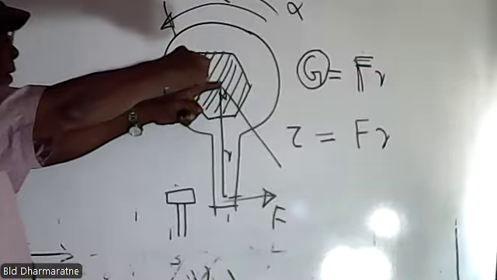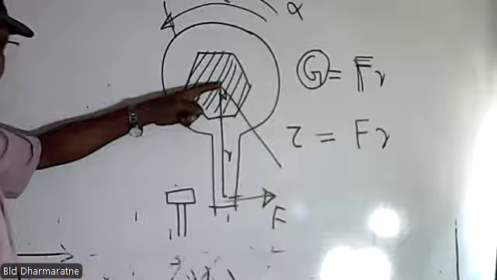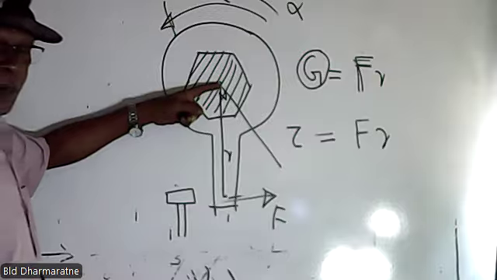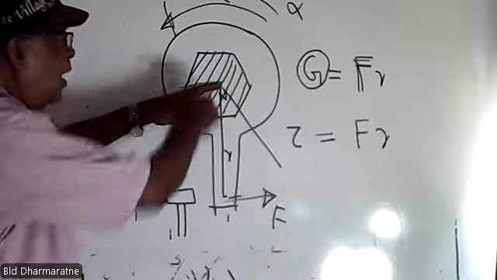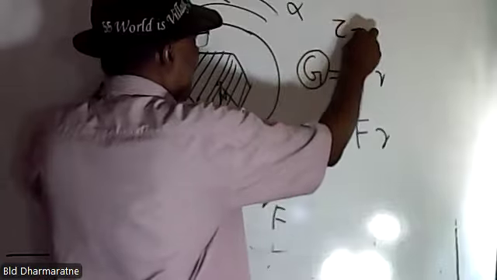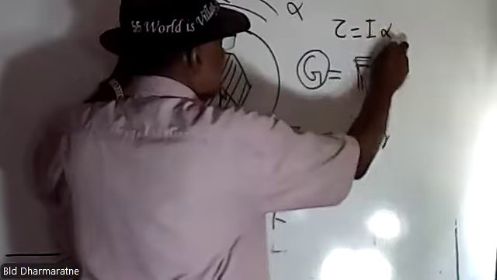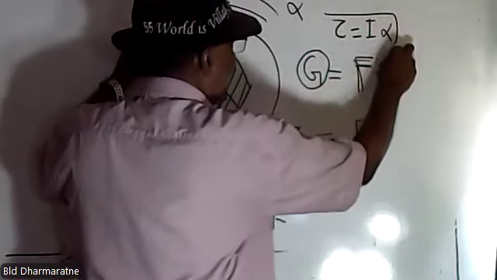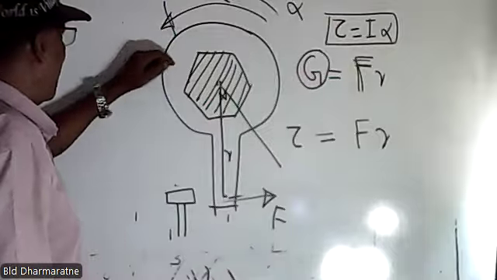All rotating bodies have a moment of inertia I about the axis. Then the torque is equal to I alpha all the time. Torque equals I alpha.